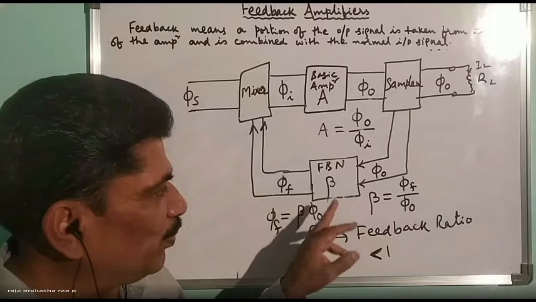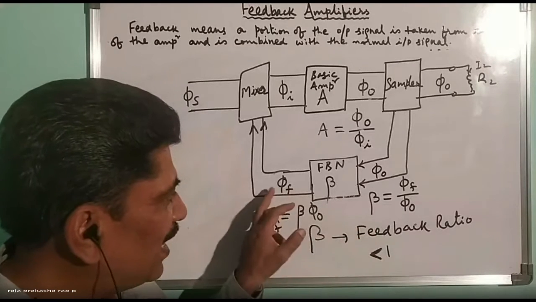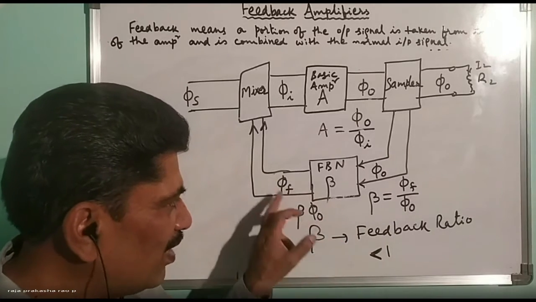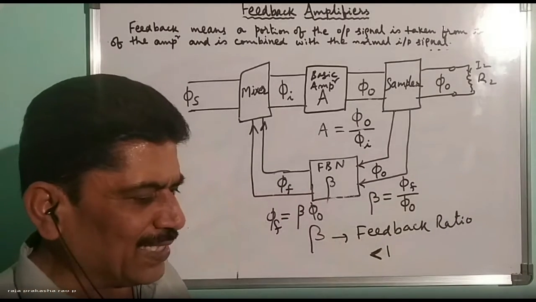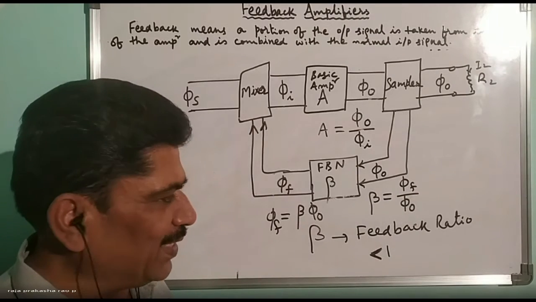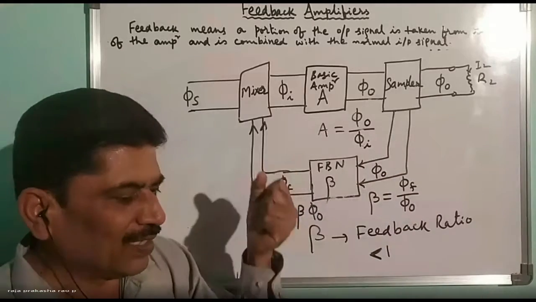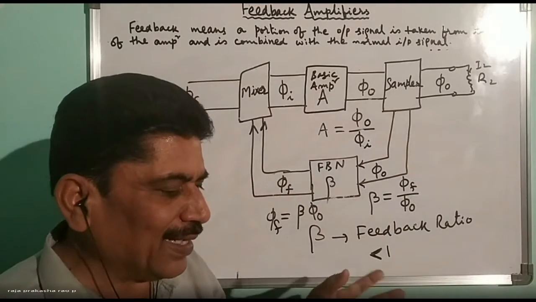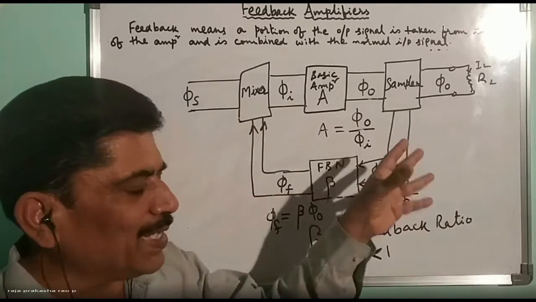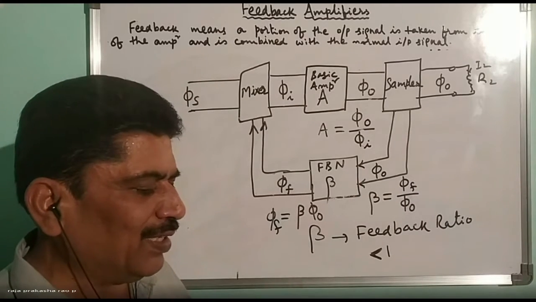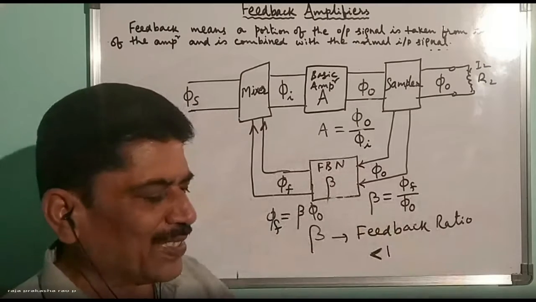Okay. Now beta is less than 1. So this xf is equal to beta times xo. If beta is equal to 1, this xf will be xo only, is it not? If beta is 0.5, then we will get only 50% of this signal. That means we are collecting a portion of it, 50% of the signal. If it is 0.25, we are collecting only 25% of that signal.